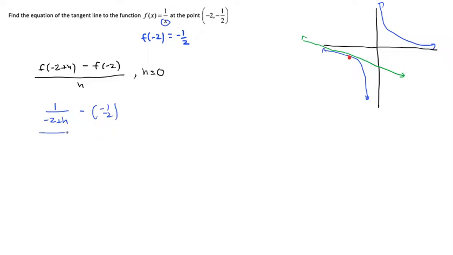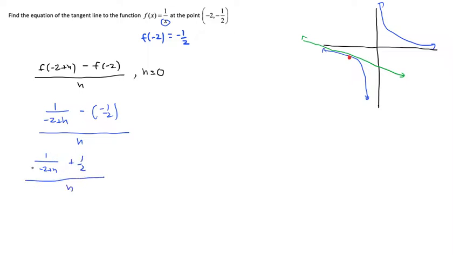And we're going to divide all of this by h. So our next step is just to do the algebra, combine like terms, simplify as much as we can. Now this does become +1/2, so we have 1 over -2 plus h plus 1/2, all of this divided by h.